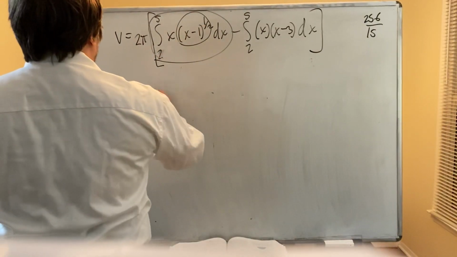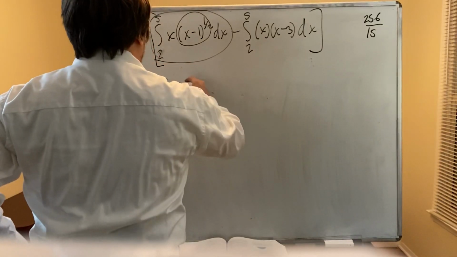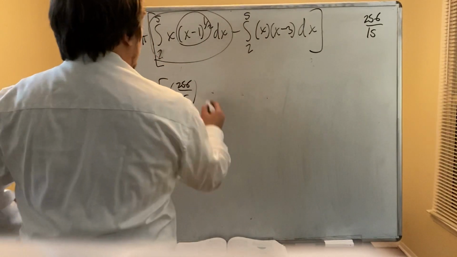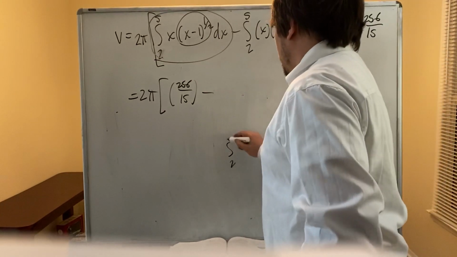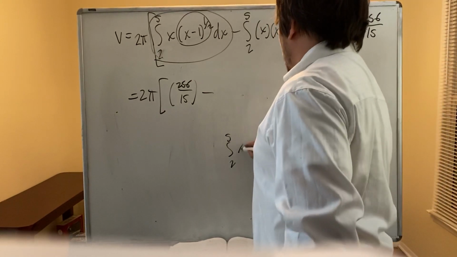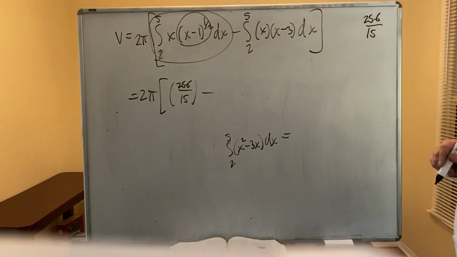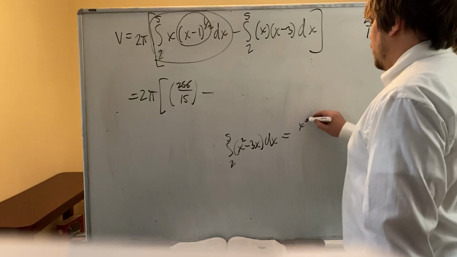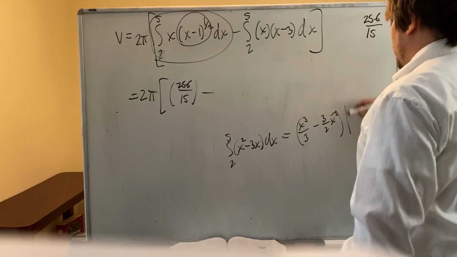This is equal to 2 pi times that definite integral, which is 256 over 15, minus this definite integral. And so that's the definite integral from 2 to 5 of that times that, which is x squared minus 3x dx. That's equal to x cubed over 3 minus 3/2 x squared, evaluated from 2 to 5.